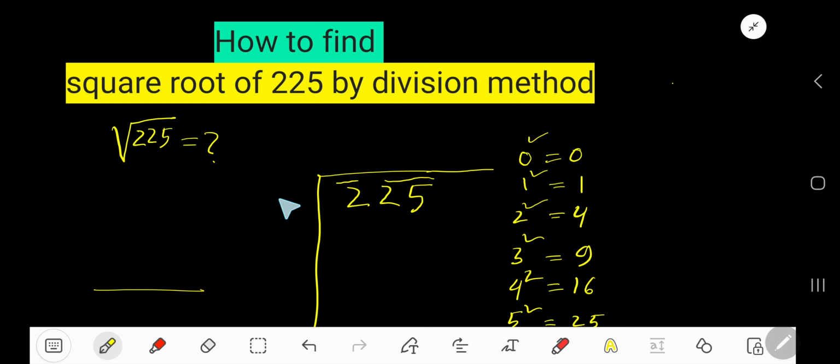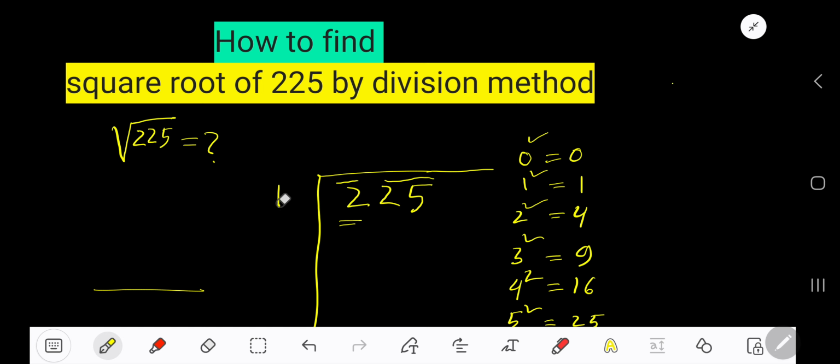Now you have to place a number whose square will be equal to this pair. Okay, so if you take 1, then the square of 1 is 1.